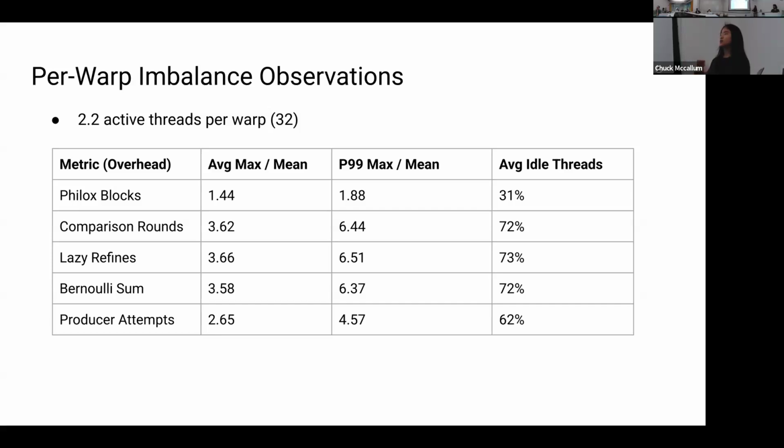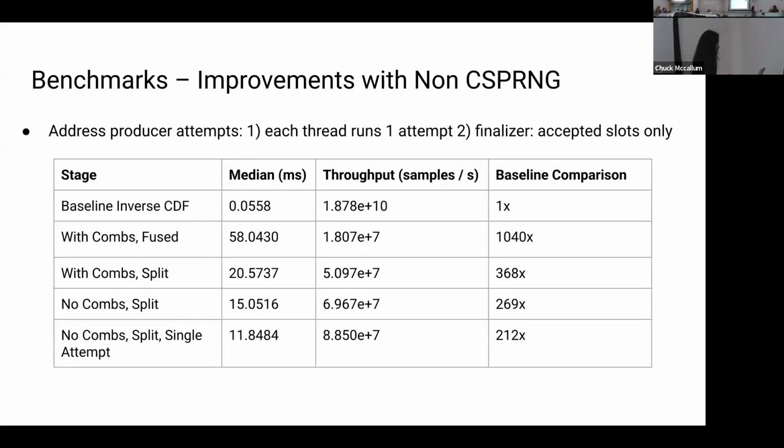For the comparison rounds, that was actually helped by the base 2 Carney approach that I mentioned earlier, because fewer comparison rounds were being used than in the original approach. And for the producer attempts, I addressed that with an approach we were talking about during the midway presentation a couple of weeks ago. Basically, each thread would just run one attempt and mark that attempt as a rejected trace or an accepted trace.